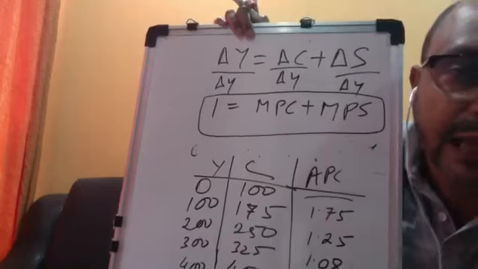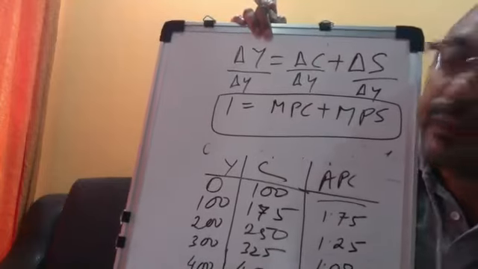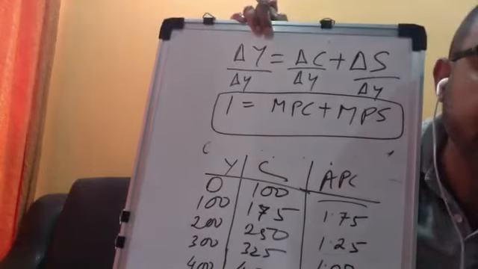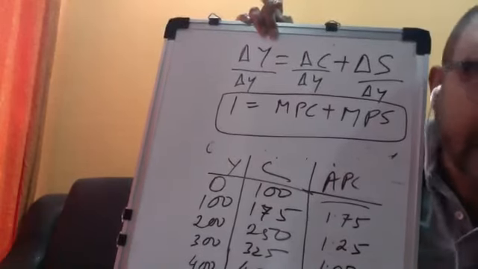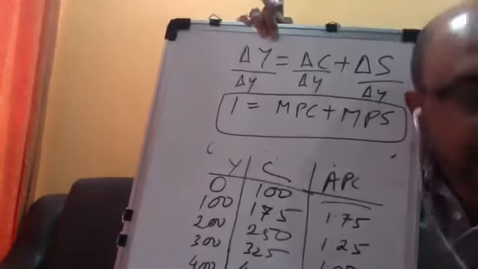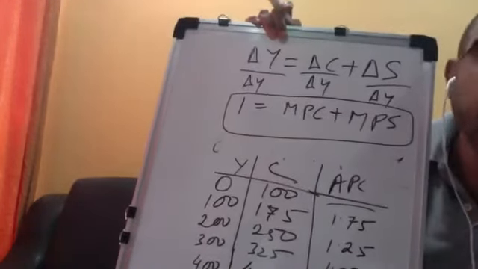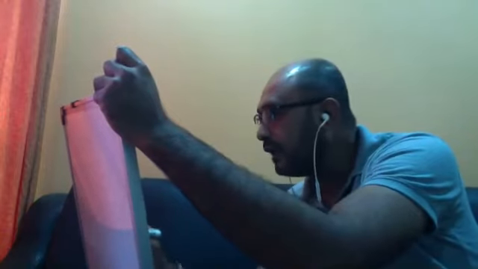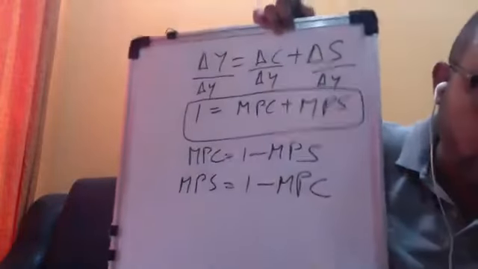It is actually an identity, always true for all values of MPC and MPS, because MPS is always 1 minus MPC and MPC is always 1 minus MPS. I am writing that in equation form: MPC equals 1 minus MPS and MPS equals 1 minus MPC. This is always true.